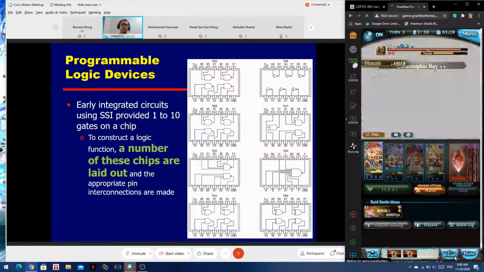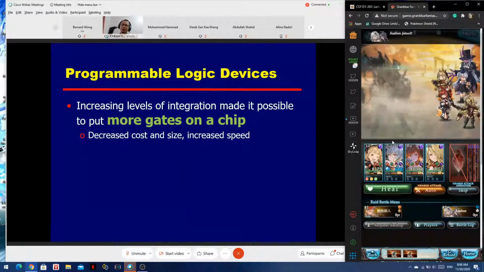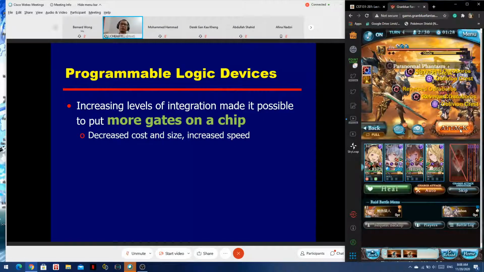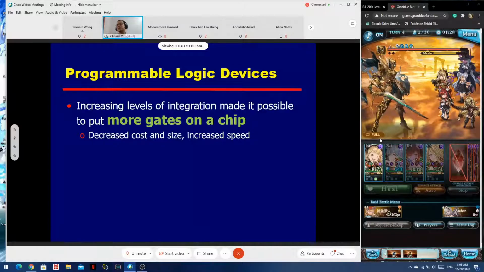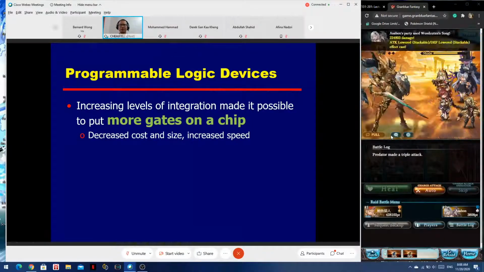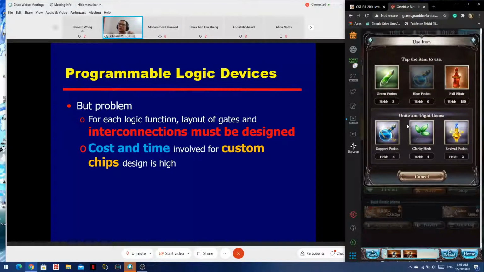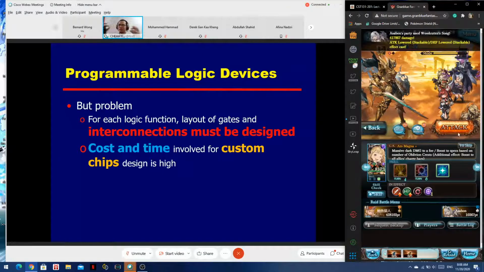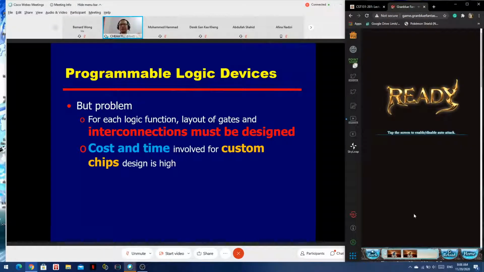By increasing the level of integration, you can actually put more gates on the chip. So of course, it will decrease the cost, decrease the size, and hopefully increase the speed. But of course, the problem is that the interconnections need to be designed. That means how all these gates are arranged to form the function takes time.